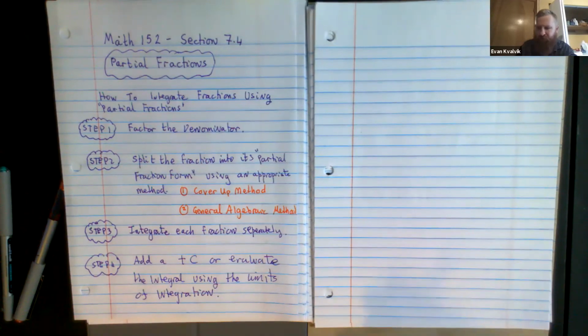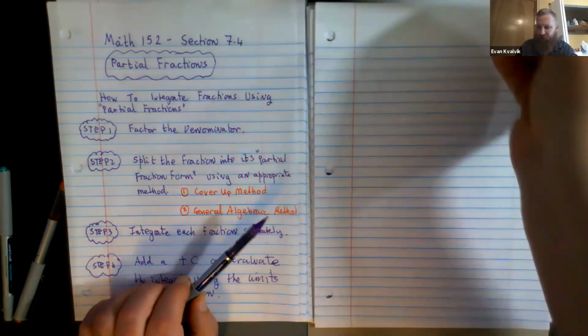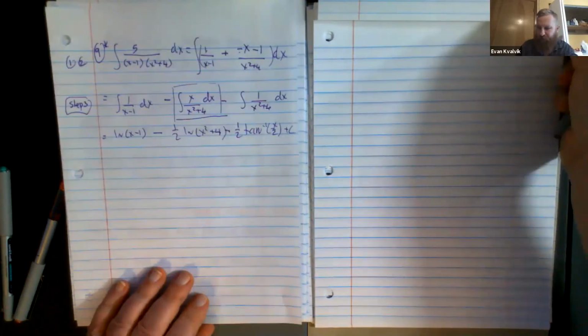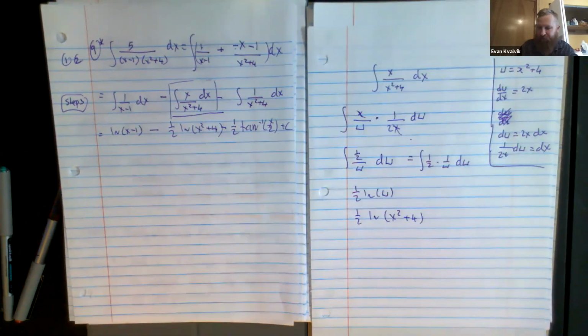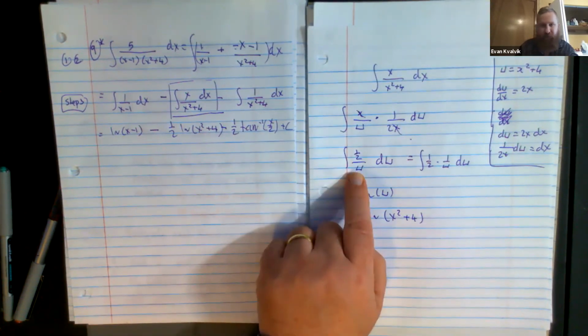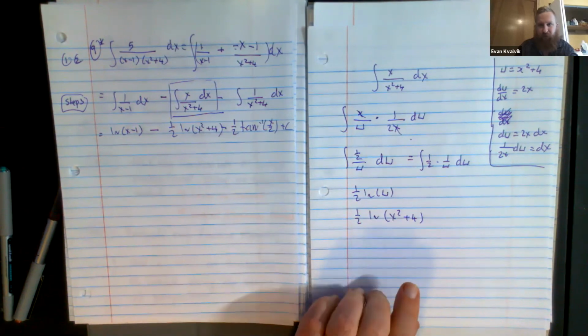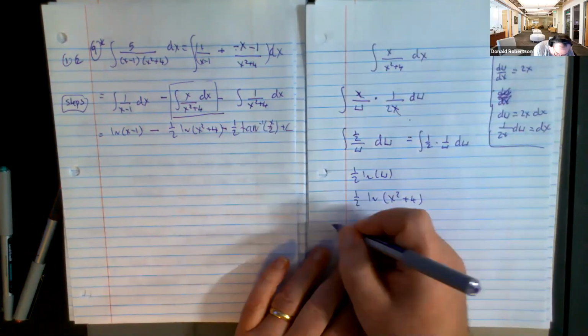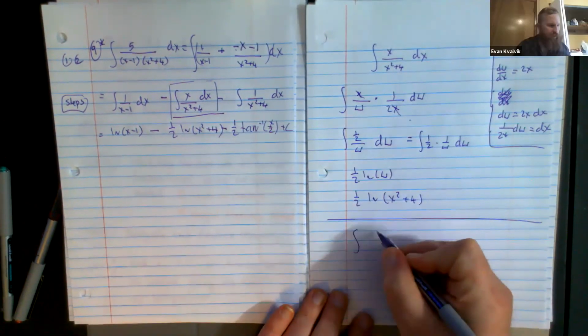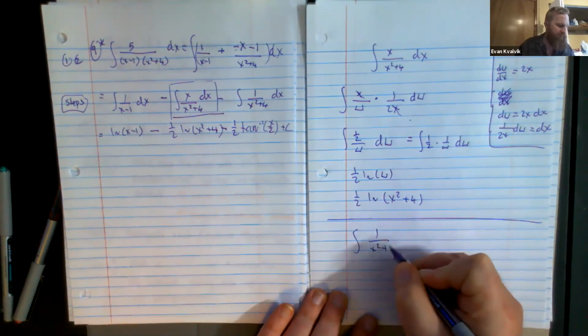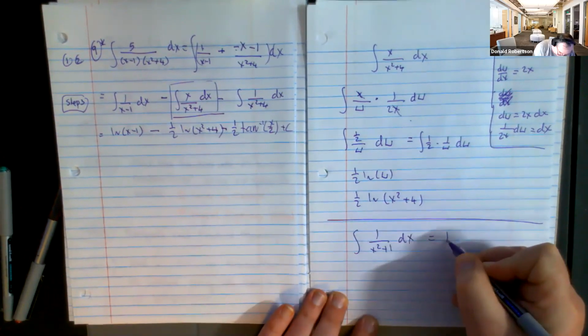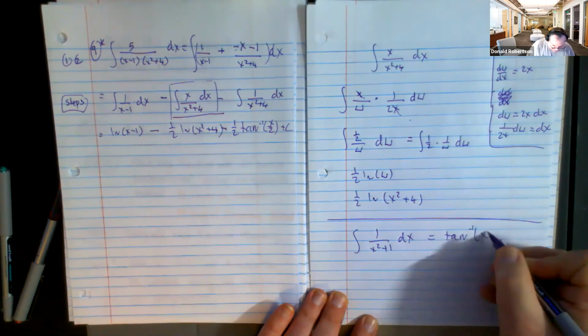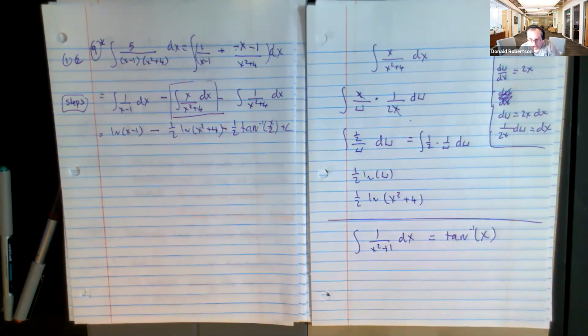Can you just explain super briefly how we got 1/2 arctangent x over 2 really fast? Oh, this here? Yeah. Right, there's a standard integral that you just memorize.